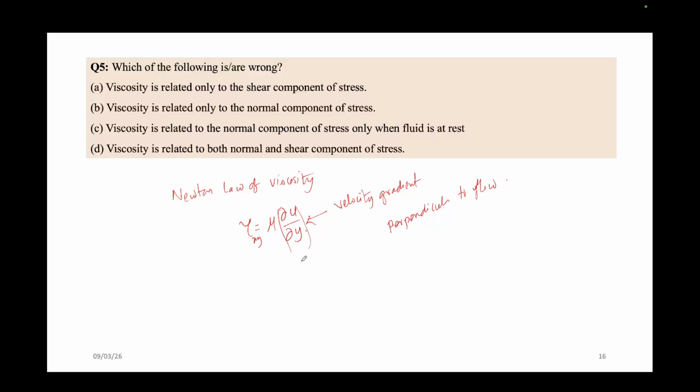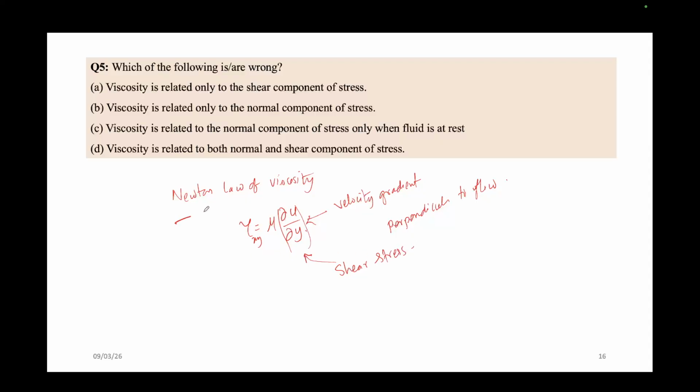Because this term, del u del y, is basically the shear stress due to viscosity, right? From Newton's law you studied that the viscosity is proportional to the shear stress.